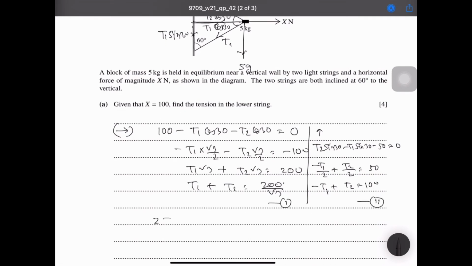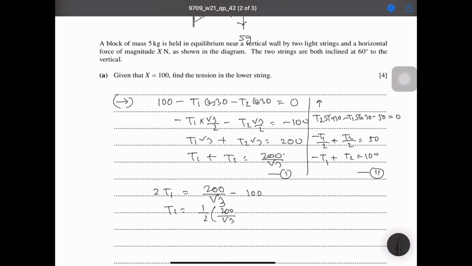So 2T1 equals 200 by root 3 minus 100. So T1 equals half of 200 by root 3 minus 100.